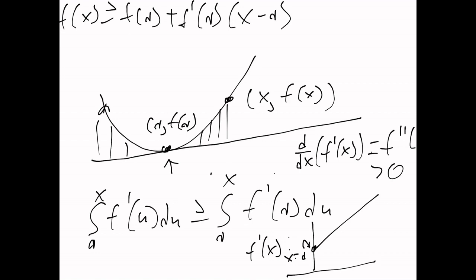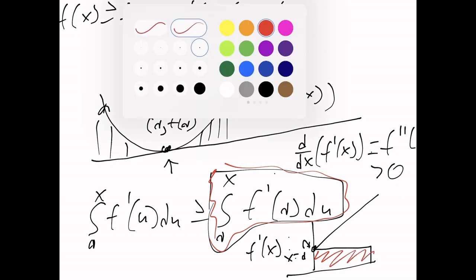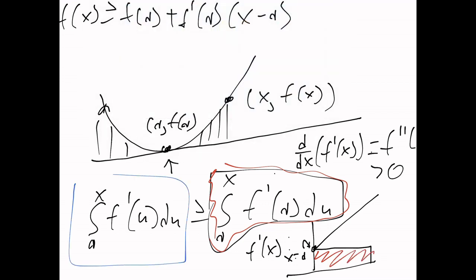If we take this area over here, we can interpret it as the literal area under the curve. So this is going to be this area, whereas this part here is going to be this area. And so obviously the blue area is going to be greater.